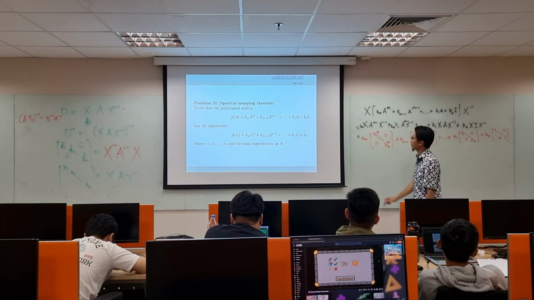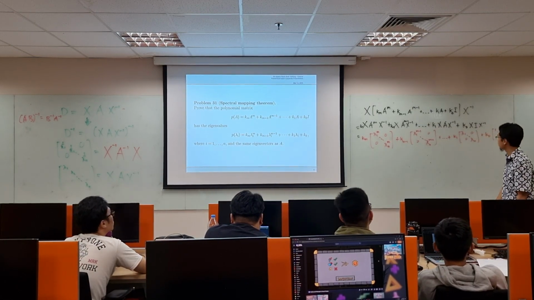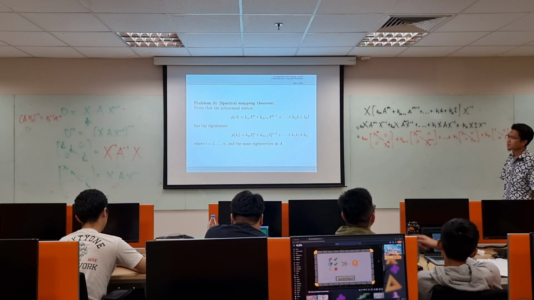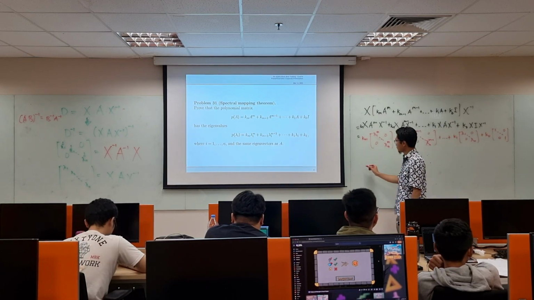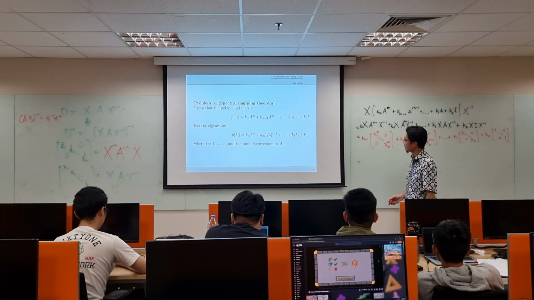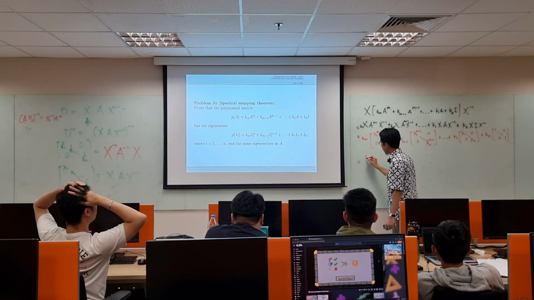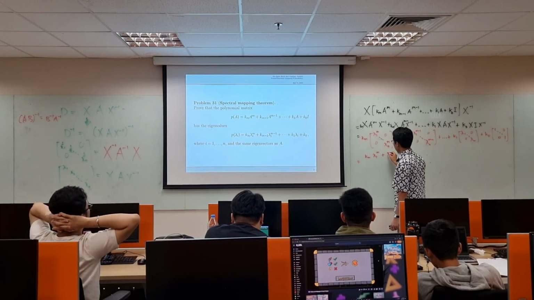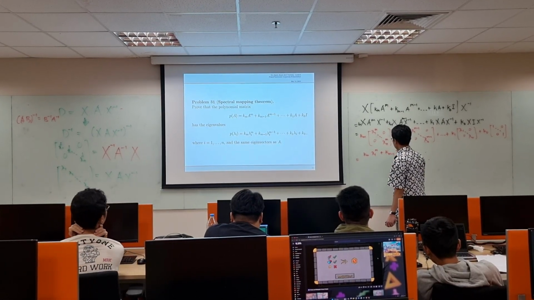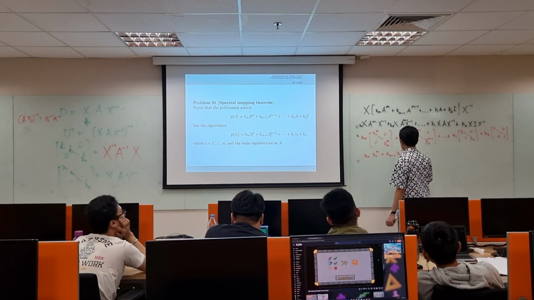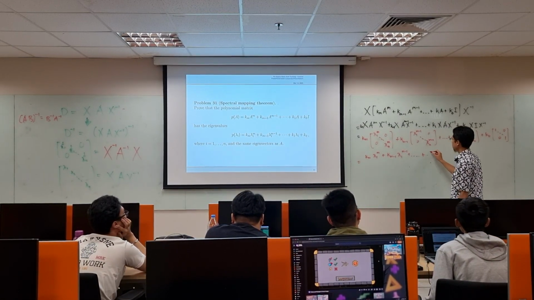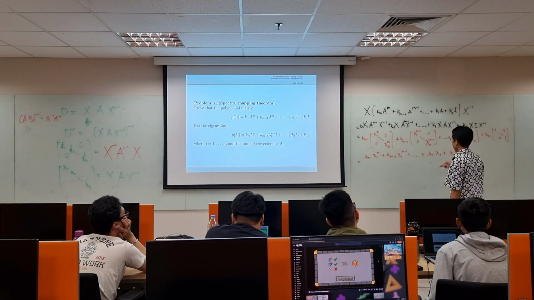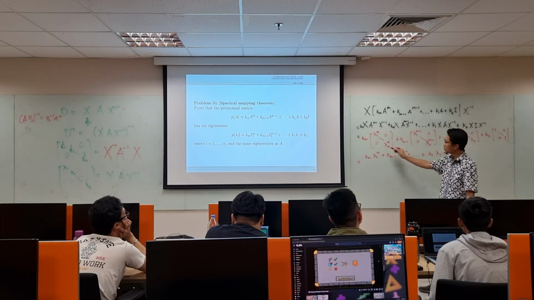Why is lambda 0 is 1? This is identity, right? Oh, yes. So the result is we have k_m lambda_1 to the power m plus k_(m-1) lambda_1 plus k_1 lambda_1 plus k_0. This is for lambda_1. For lambda_2, you write the same thing.